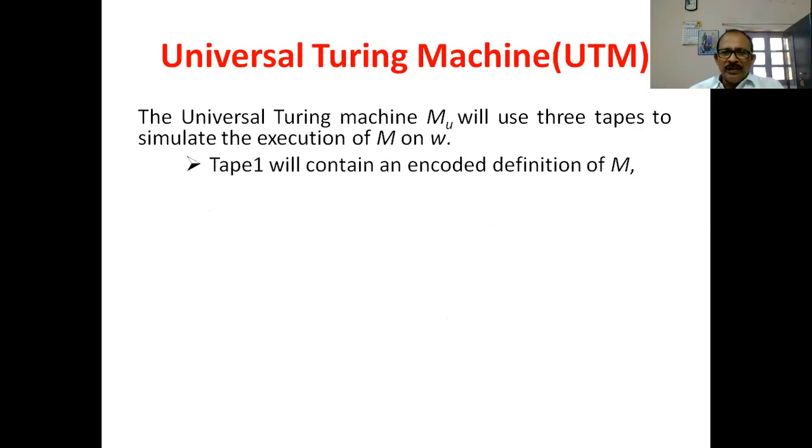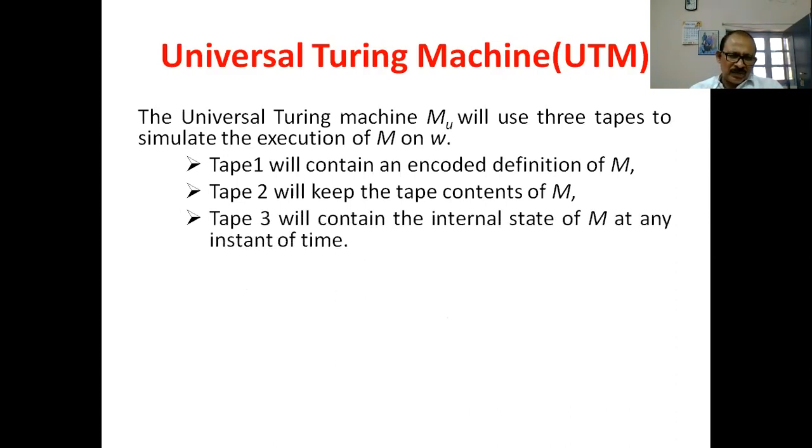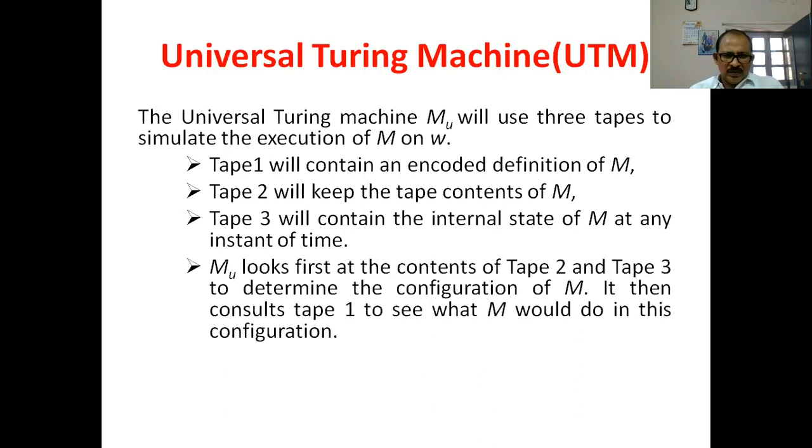Let us see how we describe a Turing machine. As we know, the universal Turing machine takes the description of the Turing machine, so let us see how we convert a Turing machine into a description.